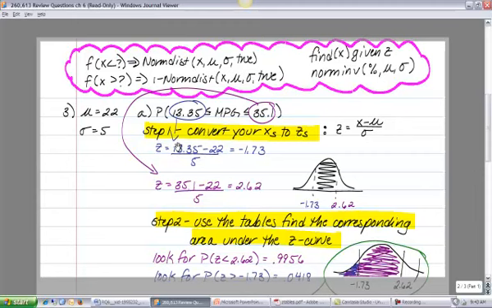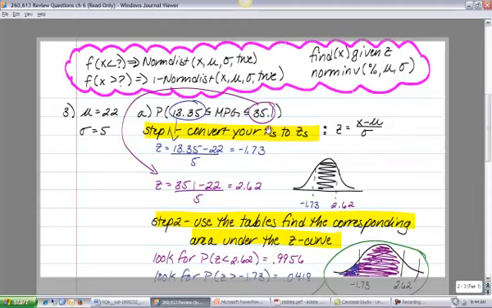So x is 13.35, mu is 22, and standard deviation sigma is 5. So that becomes negative 1.73. So an x value of 13.35 has a corresponding z value of negative 1.73. Why is it negative? Because the x you're looking for is below the mean.